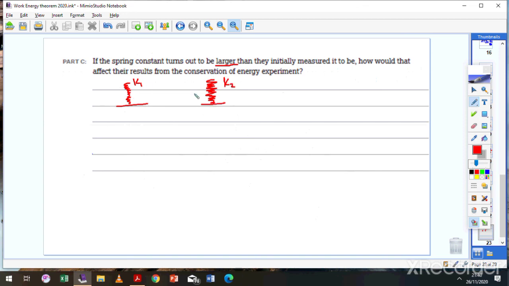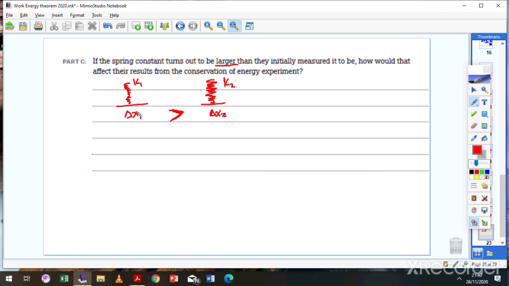What that means is that for the same force, the extension of the spring K1 will be, what do you think? You can pause and think and then listen. The extension in spring 1 for the same force will be greater than the extension in spring 2 because spring 2 is stiffer.